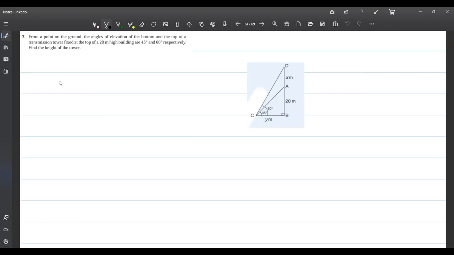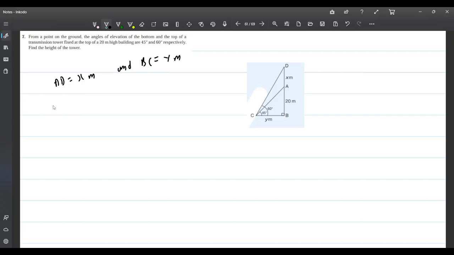So let AD is equal to x meter and BC is equal to y meter.